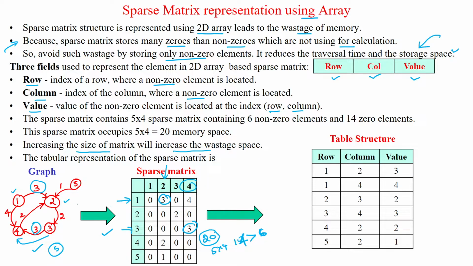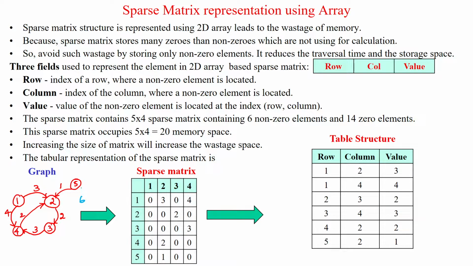For example, if you add one more vertex, suppose 6, and 6 to 5 if we have one edge, then we have to add one more row in the sparse matrix with values like 6 to 1 is 0, 6 to 2 is 0, 6 to 3 is 0, 6 to 4 is 0, and for 6 to 5, one more column will come, so 6 to 5 will be 1.